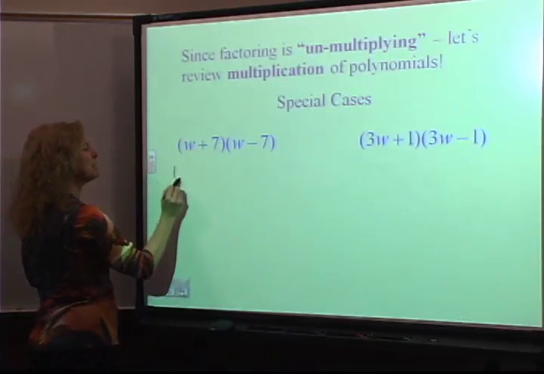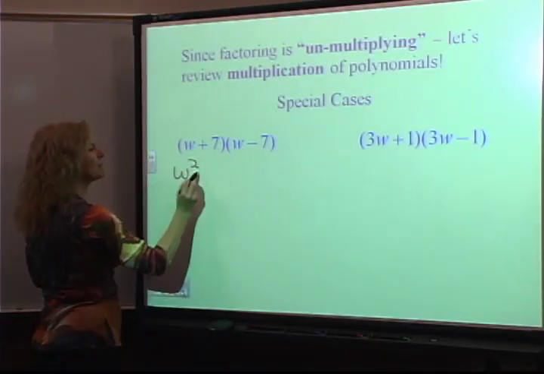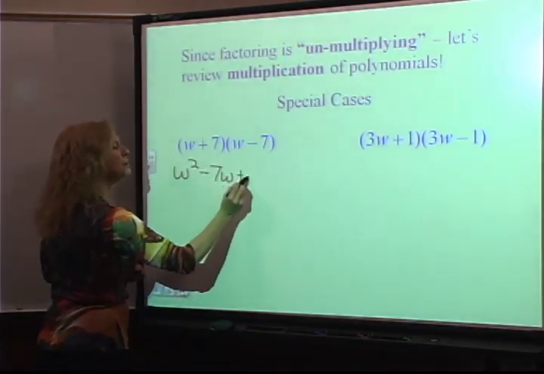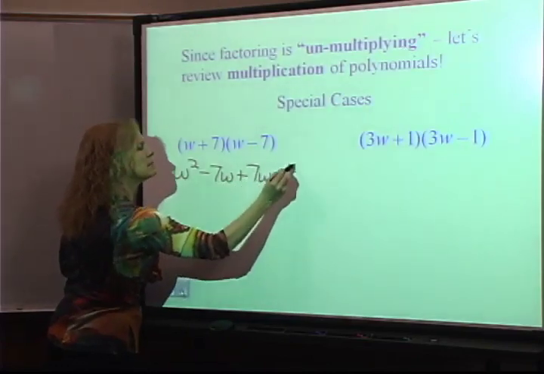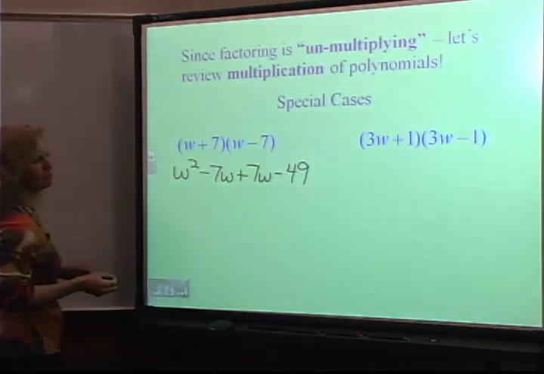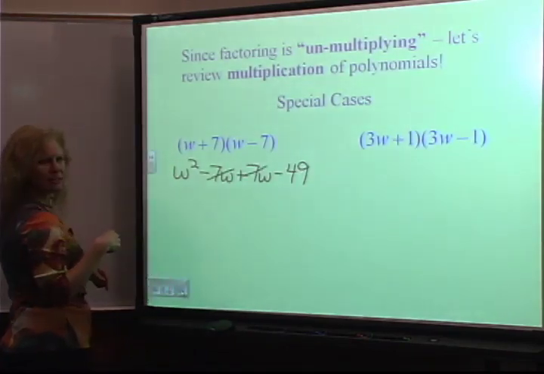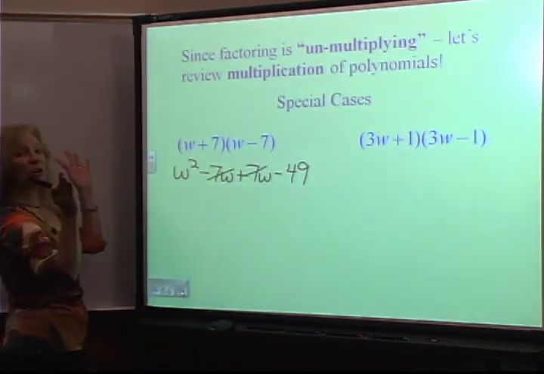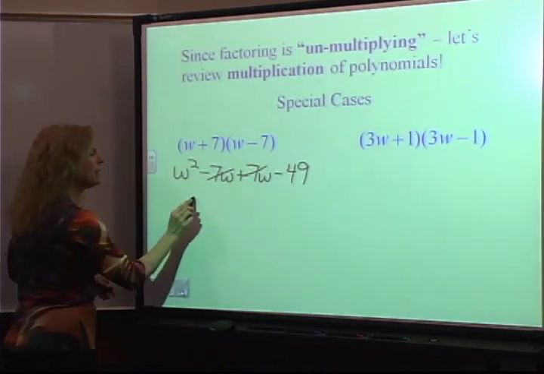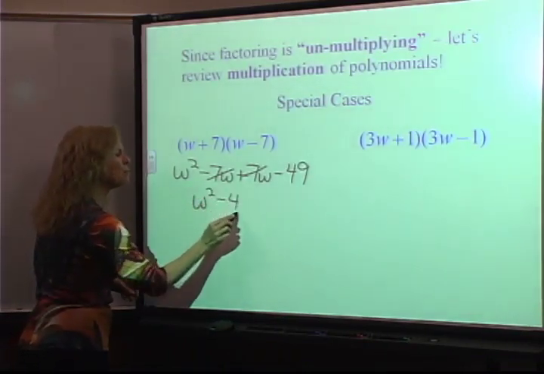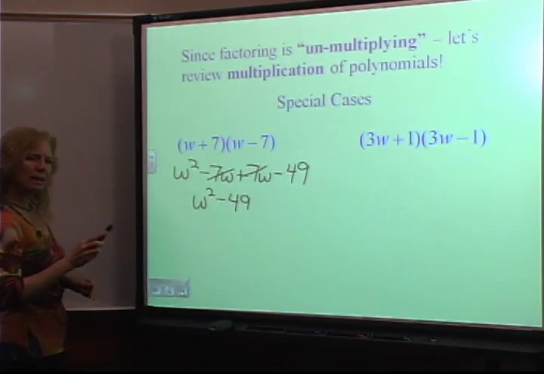First times first gives me w squared, outers, inners, and last times last. And look at what happens here. Minus 7w plus 7w, gone. So we get w squared minus 49. Well, that's kind of interesting.